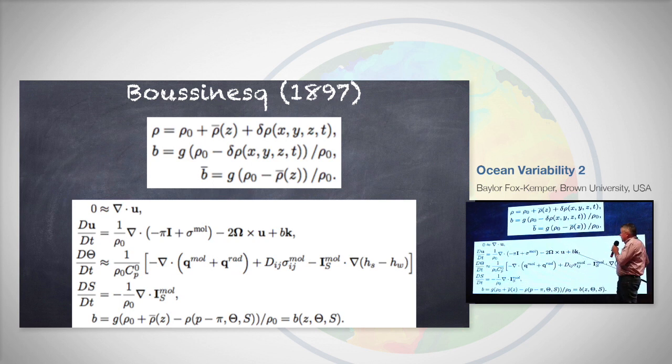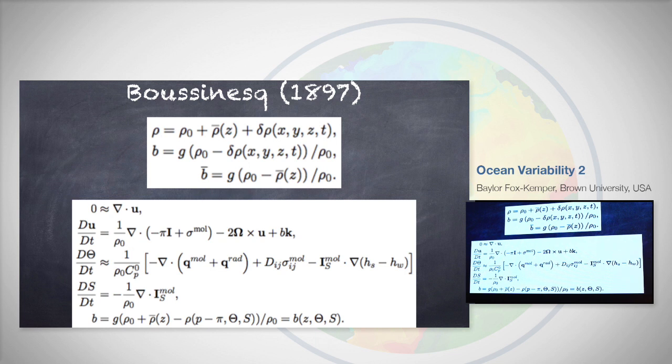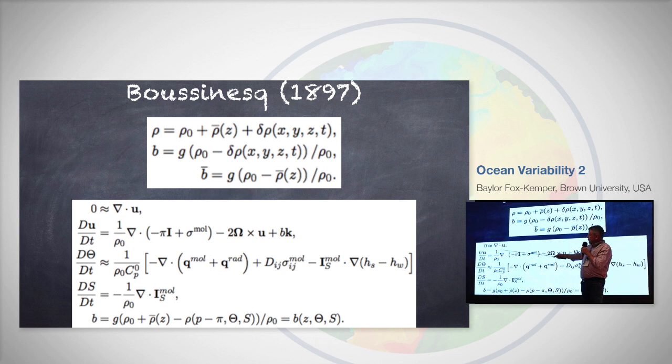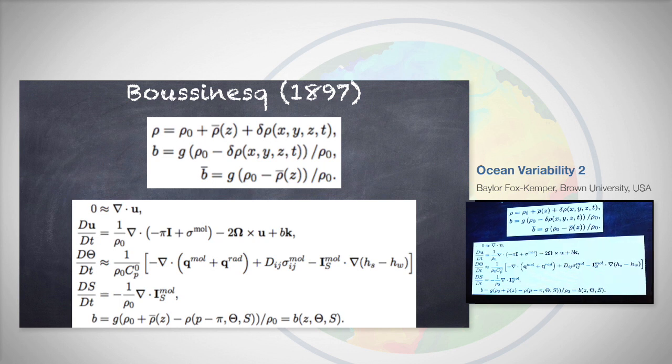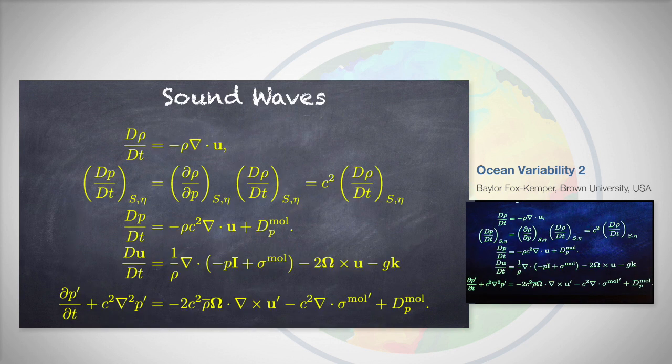And you get buoyancy as the only place, in the vertical momentum equation, where the variations in density come back into play in the dynamics. In that derivation I just showed, this guy was the key in linking the pressure equation to the momentum equation.